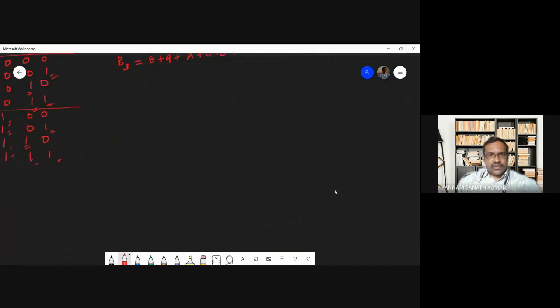I can draw the logic diagram. So here, how many inputs do you need to draw? Total 16 inputs you need to draw.